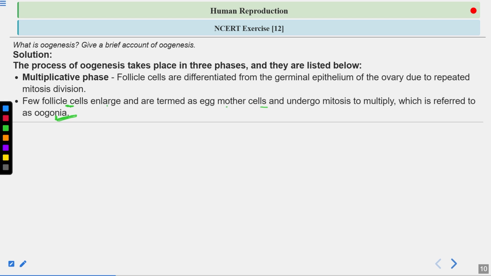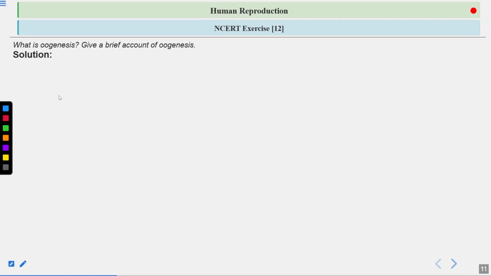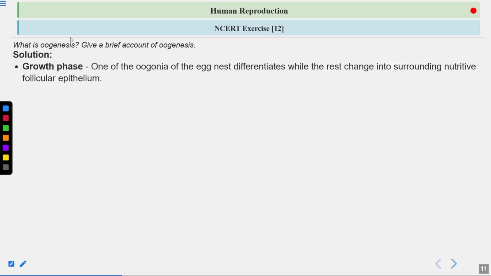They are known as the egg mother cells. These egg mother cells multiply by mitotic divisions, and they are known as the oogonia. So in the multiplicative phase, oogonia are formed from the follicular cells. Oogonia are diploid. The next is the growth phase.